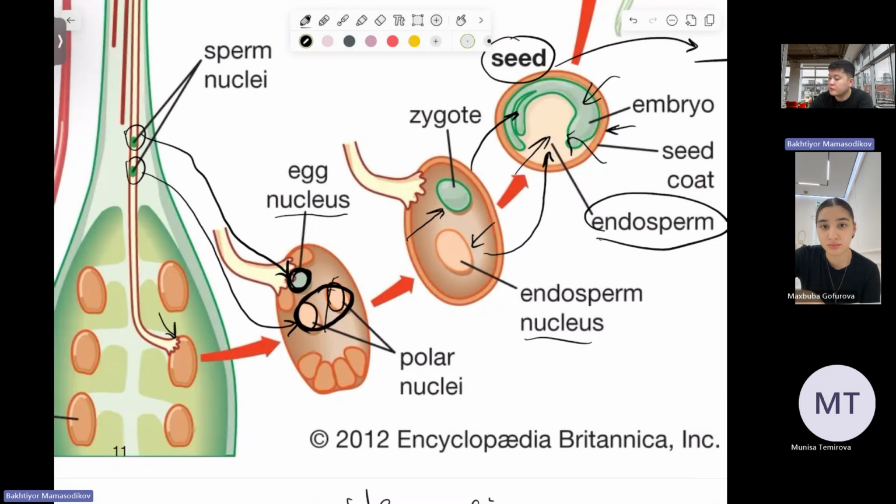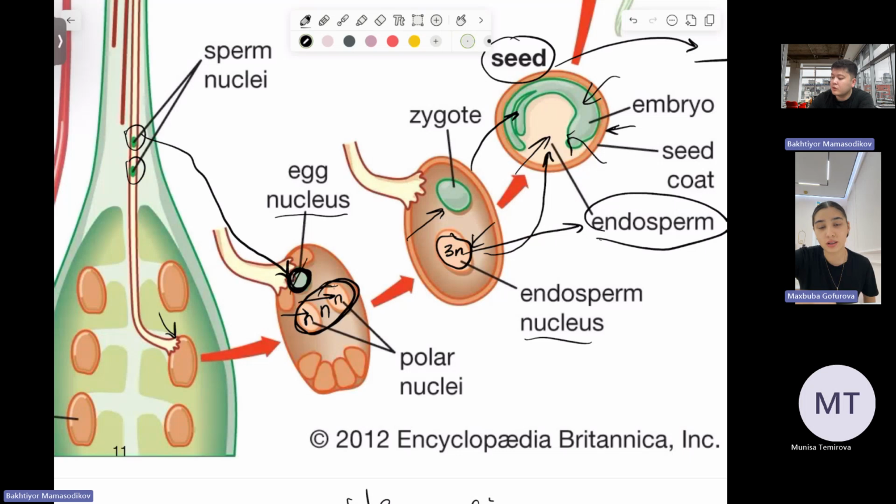They just fuse with the sperm cells. They're going to fuse with them, and they will have three n number, if I'm not mistaken. This is n, this is n, and one sperm comes, they will form three n. Out of this three n, they will form the endosperm. This is triploid number.